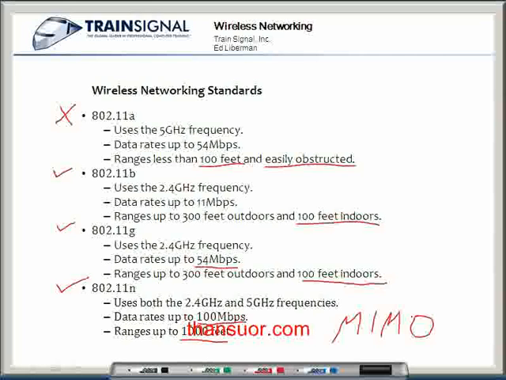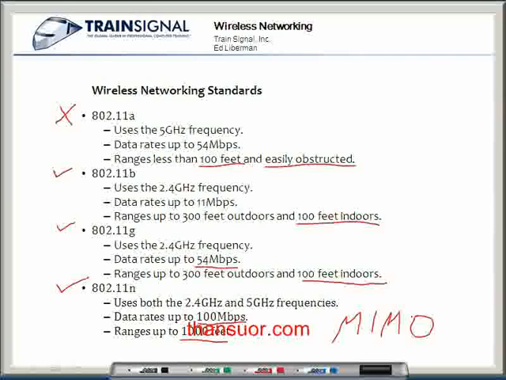Because we have more than one, or even if we just said two, out and in at a time, we take our 54 megabits per second we had before and essentially double it, right? That would bring us up to 100 megabits per second. And then again, with multiple channels, MIMO working, everything in place, that's why theoretically they say we can possibly someday get all the way up to 600 megabits per second with 802.11n.